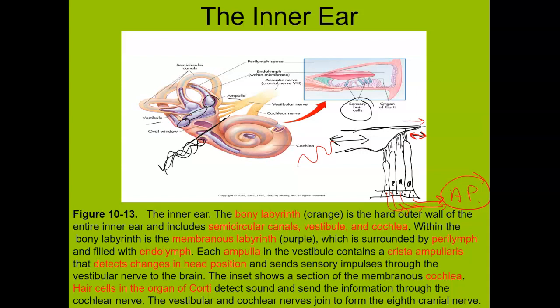A similar process happens over here in the semicircular canals, except instead of just having vibrations, in the semicircular canals you have that lovely perilymph. The perilymph flows around through these canals as we move our heads, okay? And as it swirls around, it offsets a similar organ with a similar set of hair cells in the vestibule and the ampulla.